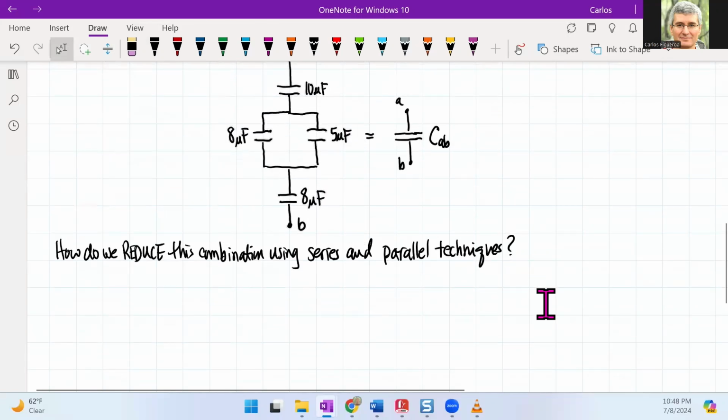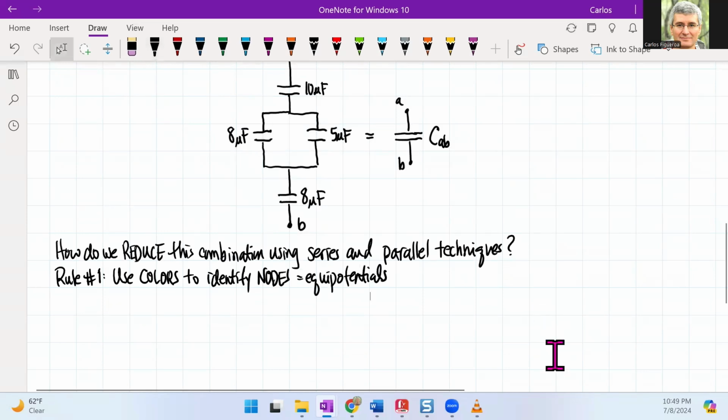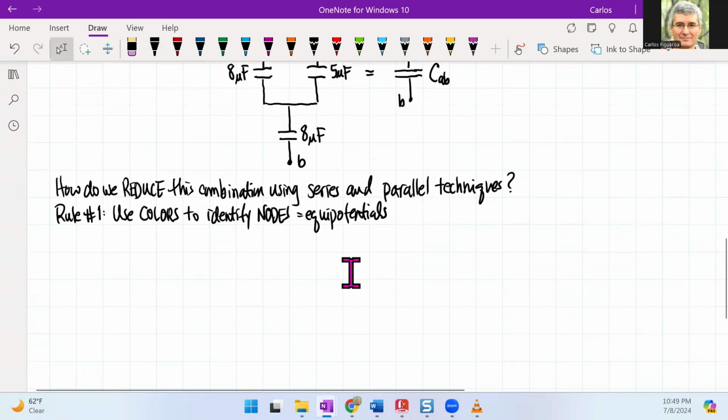So rule number 1, which I think is important for a new student: use colors to identify nodes, which is the same as equipotentials. So we're just looking for wires. Once I do that, I'm going to ask the next question.